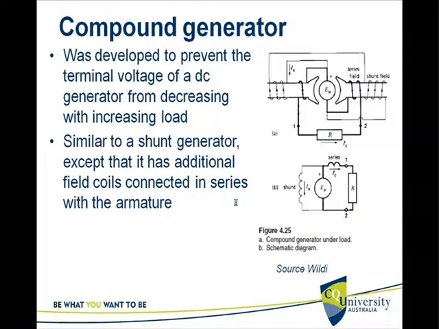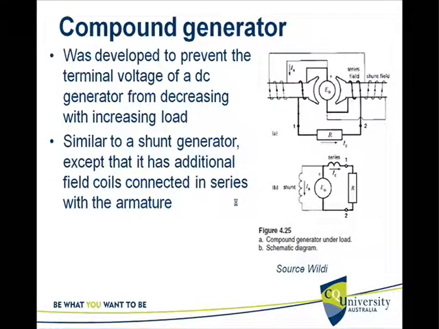Now we come to the compound generator. It was developed to prevent the terminal voltage of a DC generator from decreasing with increasing load, because in both previous cases, no matter if it was separately excited or self-excited, the terminal voltage drops as the load increases.